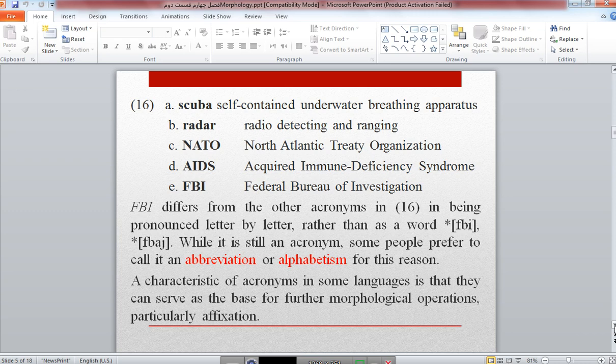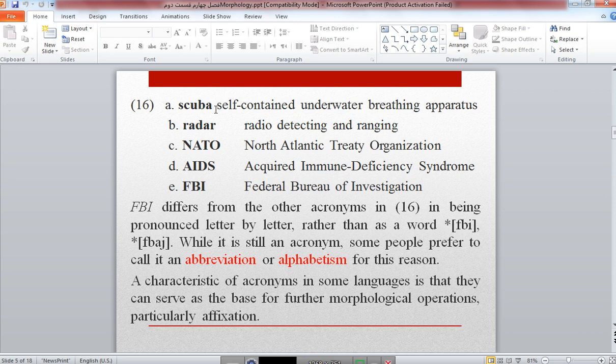How many acronyms on the left would you have been able to break down into their parts on the right? You see the example, for example, scuba: self-contained underwater breathing apparatus. You see the first word of this one, S, combined with C, then U, then B, and then A: scuba.